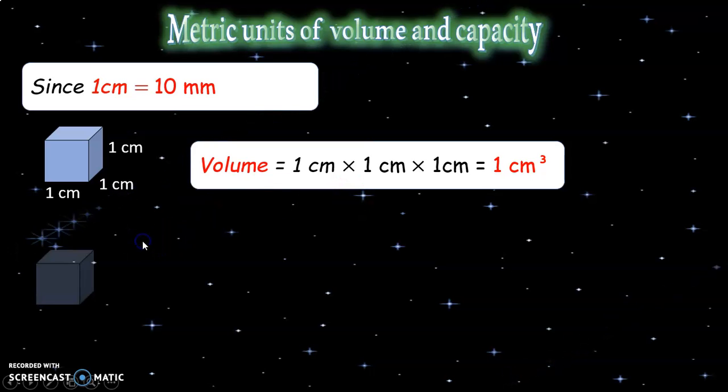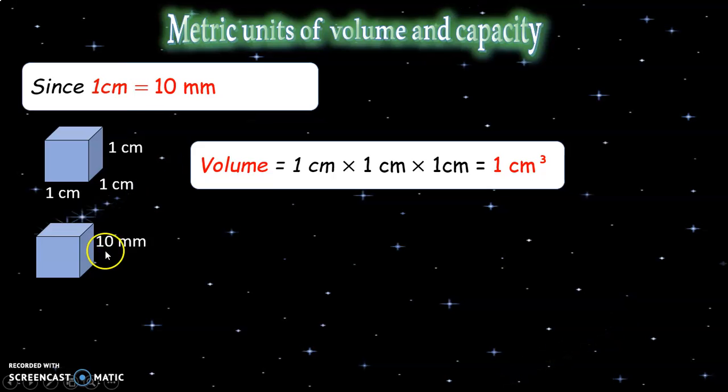So let us have another one. Using millimeters in this cube, we say that 1 centimeter is equal to 10 millimeters, so it is the same if we put 10 millimeters, 10 millimeters.